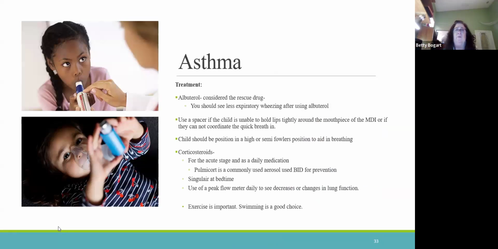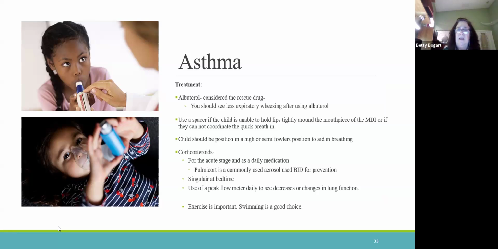Remember, any person with respiratory distress needs the head of the bed elevated. All right, it pulls the diaphragm down, opens up the lungs the best that they can. We give corticosteroids for that acute stage, decreasing that inflammation. And then we use that medicine in adults as Advair, Breo, Symbicort.